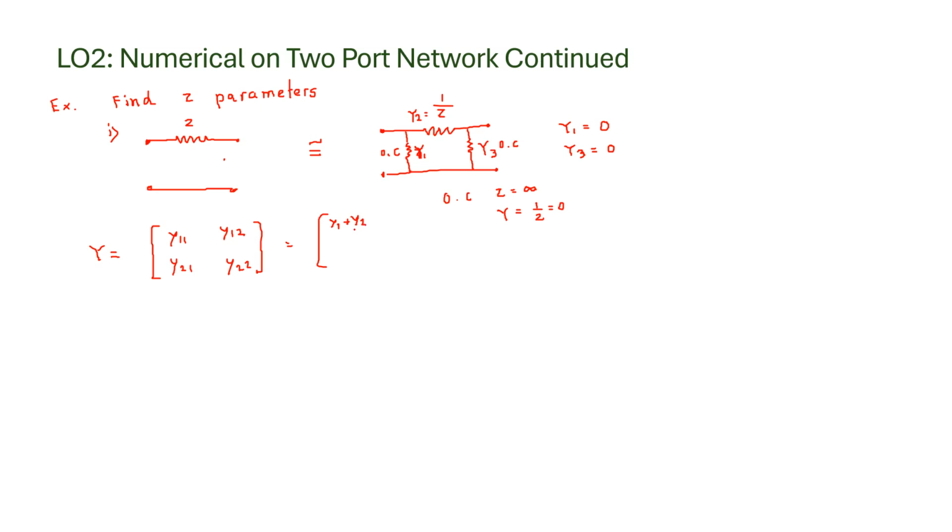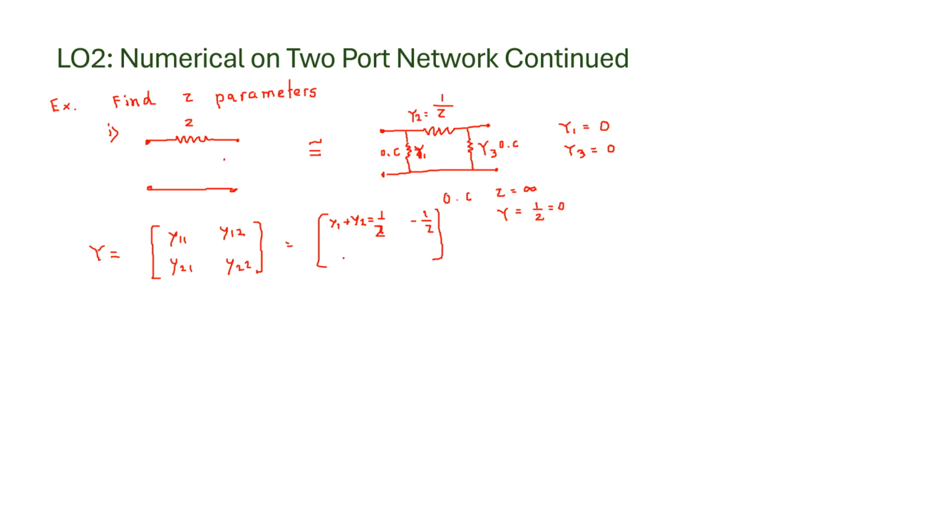Y1 is 0, so this value is simply 1 by z. Then the y12 value is equal to y2, which is 1 by z, and we put a minus sign, so it is minus 1 by z.